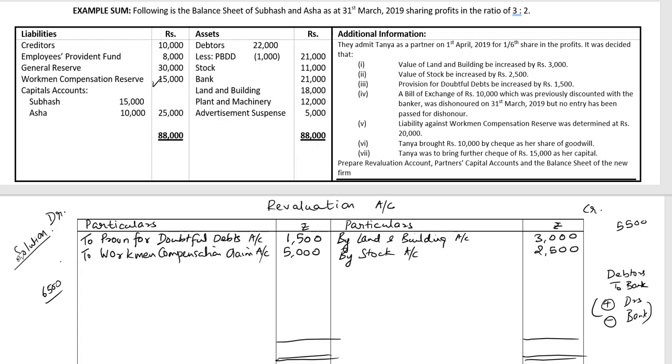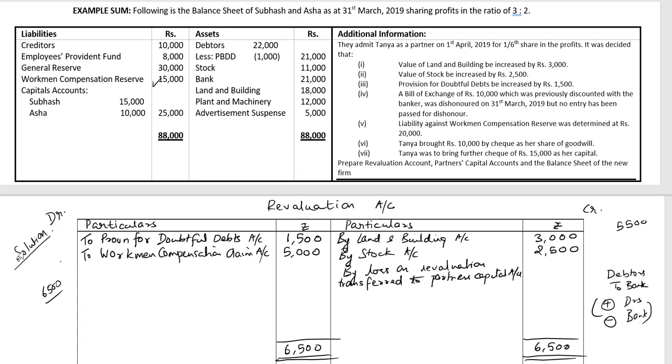The debit side is greater than the credit side, so we have a loss on revaluation, transferred to partners' capital accounts.